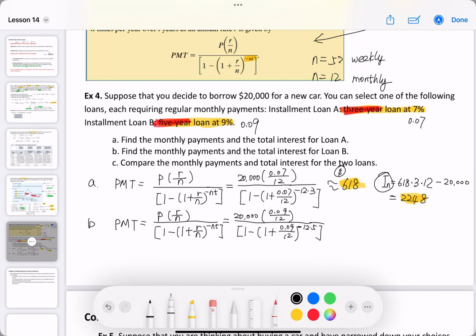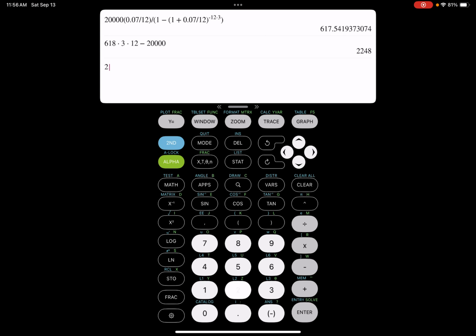And then we can use our calculator. So 20,000 multiplied by the top, which is 0.09 divided by 12. And then all of them divided by bracket 1 minus parentheses 1 plus 0.09 divided by 12, raised to negative n times t.